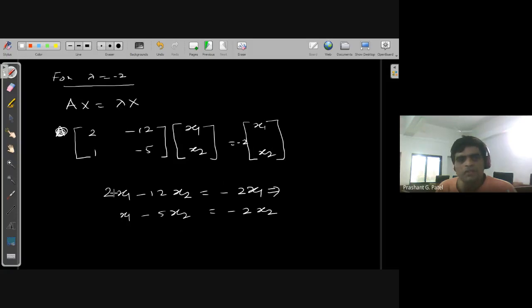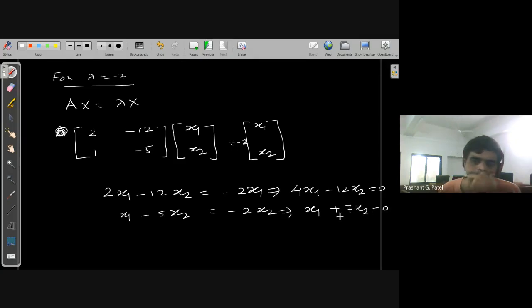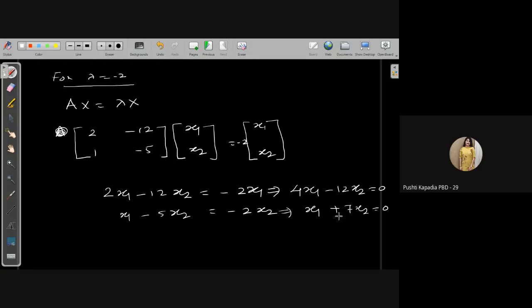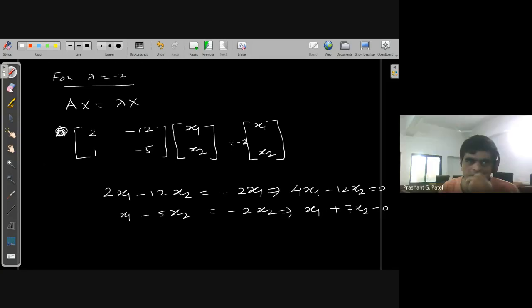The first equation, if I take this quantity to the other side, gives me 4x1 minus 12x2 equal to 0, and this gives me x1 minus 3x2 equal to 0.